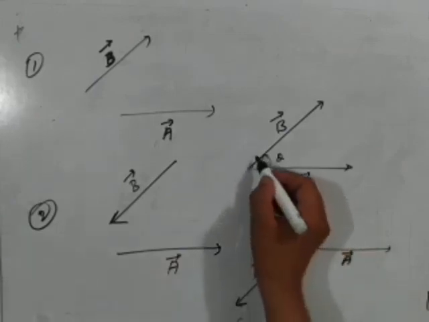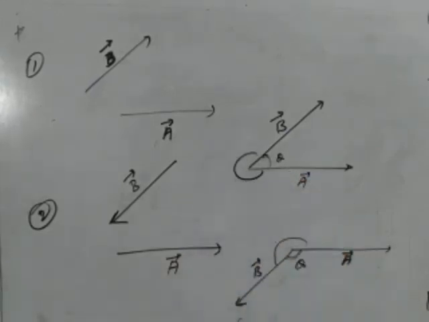Here also there are two angles. The shorter of the two is taken as the angle between the given two vectors.